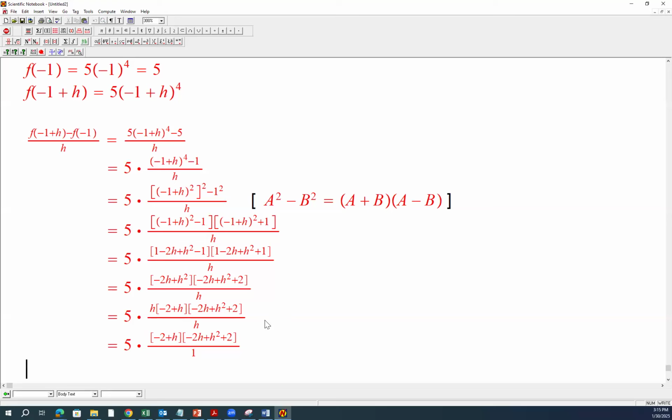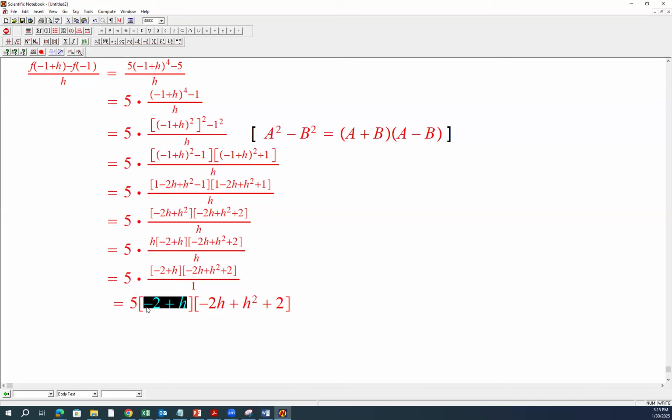So in the end, we just have all of these brackets: 5 times all of that in the bracket, times (-2 plus h) and (2 plus h). I'm going to put it in parentheses. It's not necessary, you can keep the bracket, but this looks a little simpler.